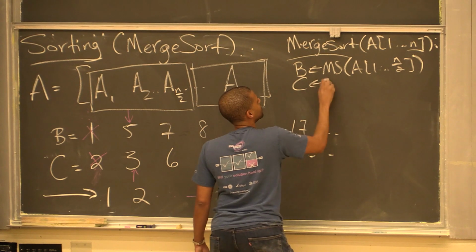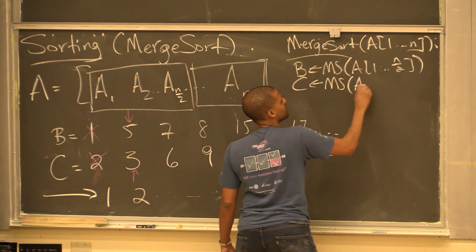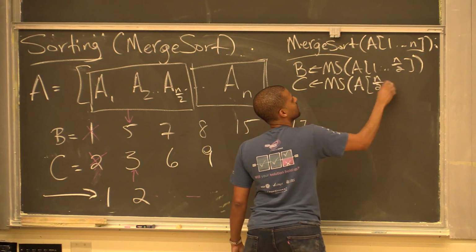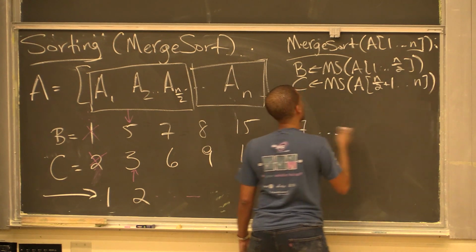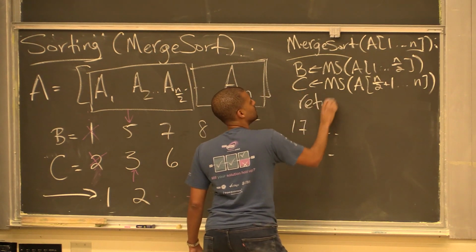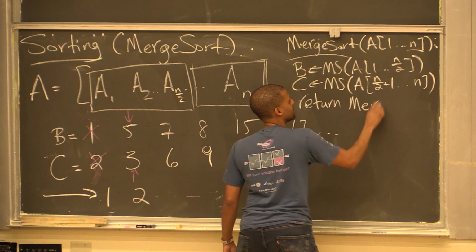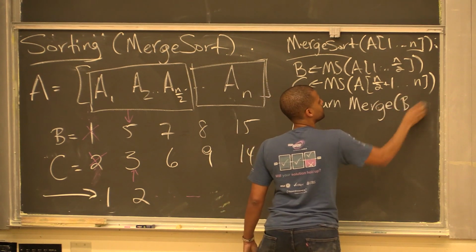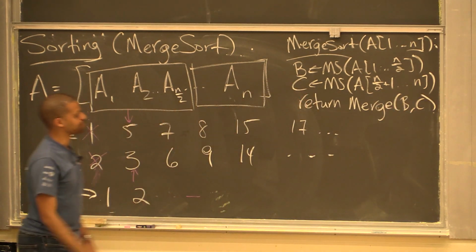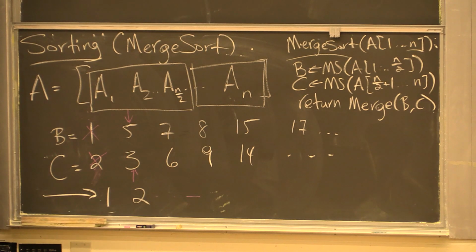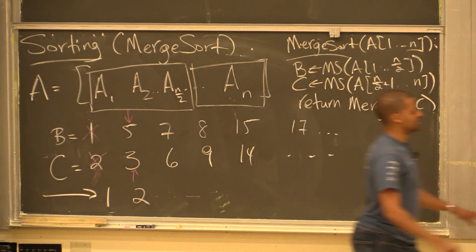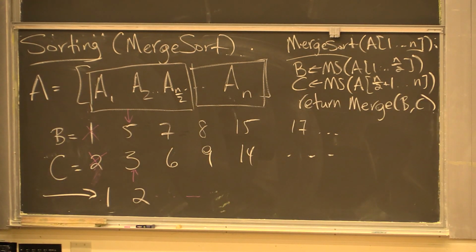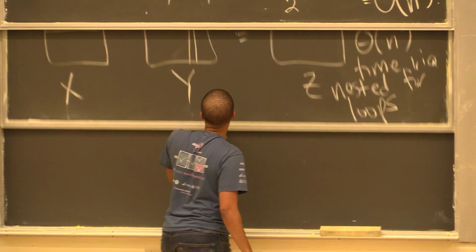C is merge sort on the next n over 2 elements. And then I return merge of B and C. Okay? So again, we're going to write a recurrence that's going to fit the master theorem.